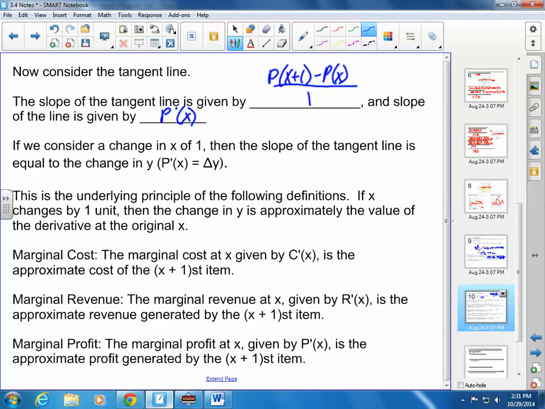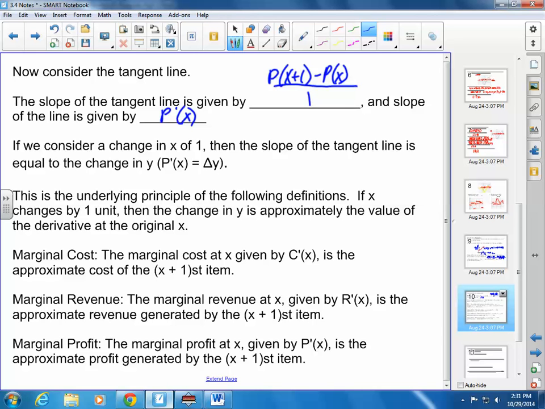So basically, this is the underlying principle of the following definition. If x changes by 1 unit, then the change in y is approximately the value of the derivative at point x. So that's nothing different than what we've been talking about. If you want to find the change in y over the change in x, that's slope, that's the first derivative. So that's the underlying principle around marginal cost. I don't know if you've talked about that in Krainer's class yet.